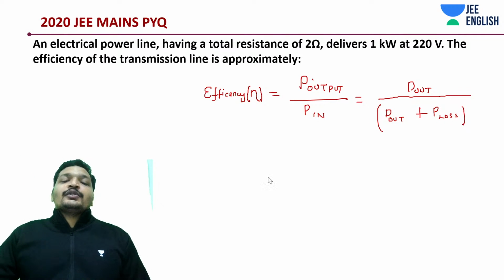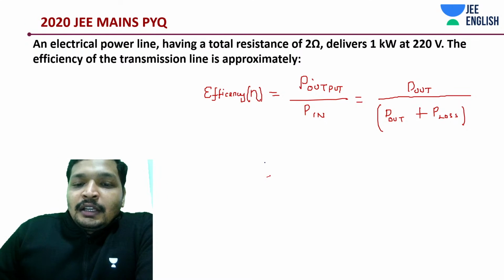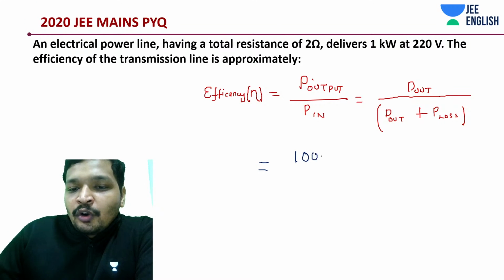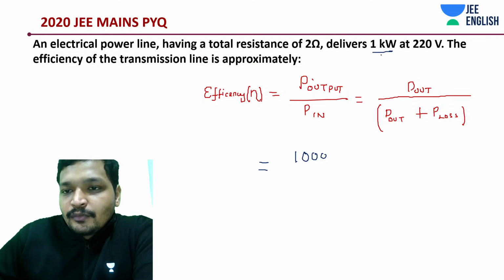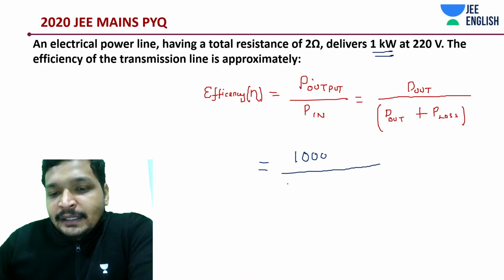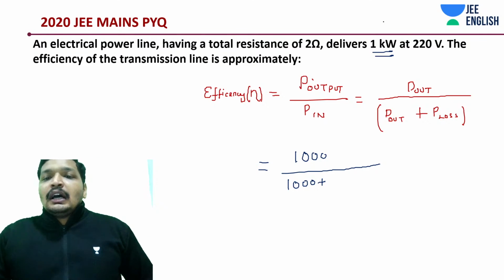Now let's get into the calculation gimmicks. Keep noticing carefully, students. Don't miss this out. Power out how much? 1 kilowatt. 1 kilowatt is how much? 1000 watts. Divided by 1000 watts plus I square R. What was I?